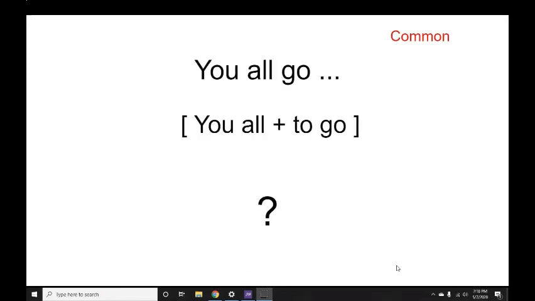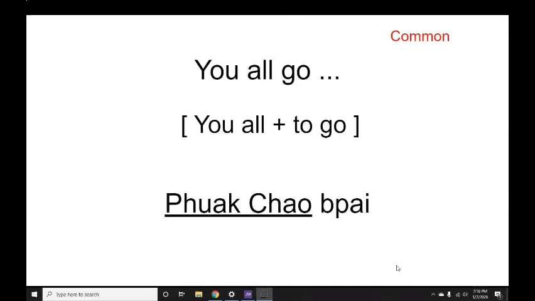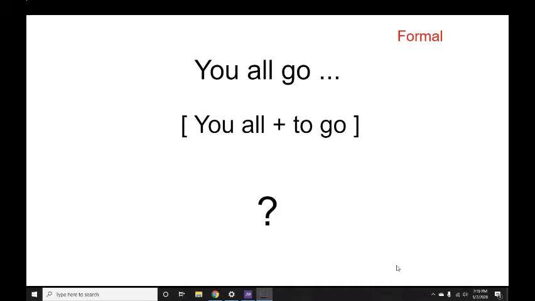How about you all go? You all go, the familiar you all go, the common one. Puak chao bai, okay, puak chao bai. How about the formal you all go?